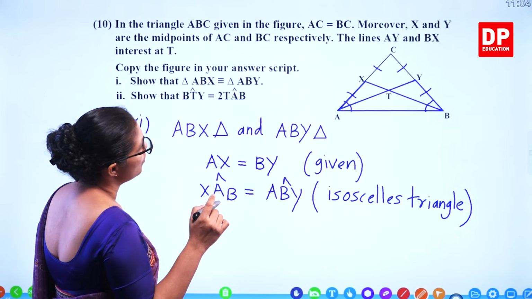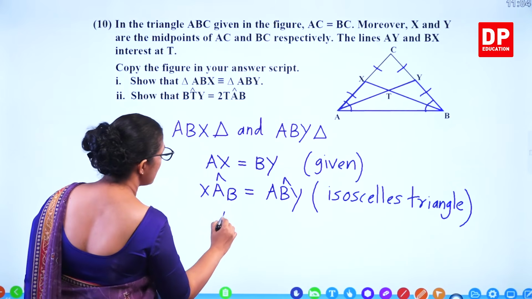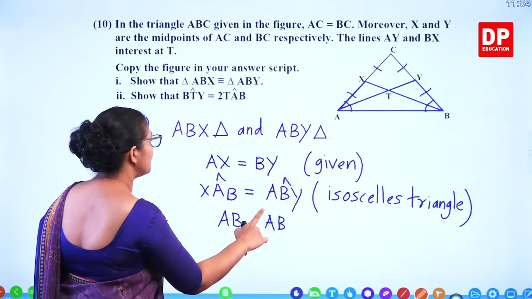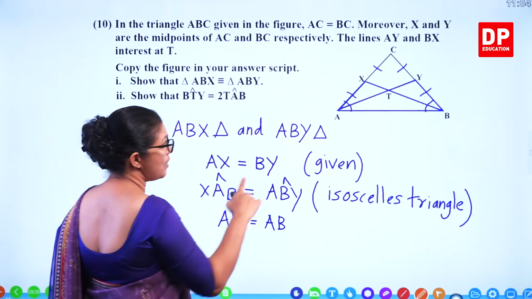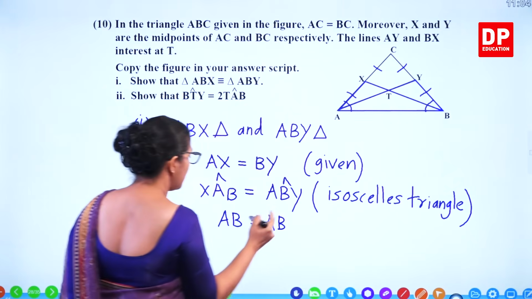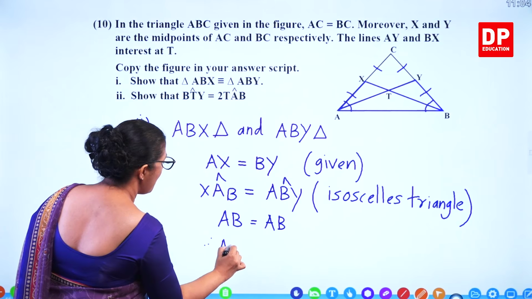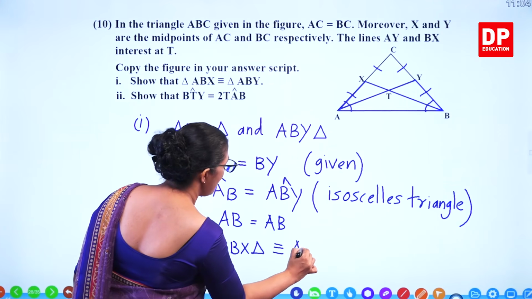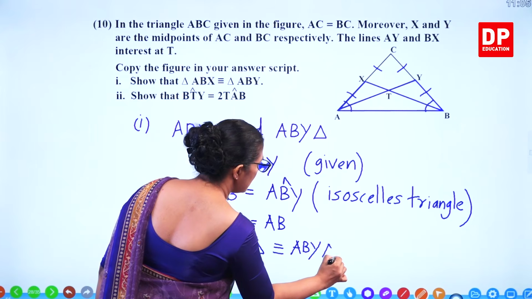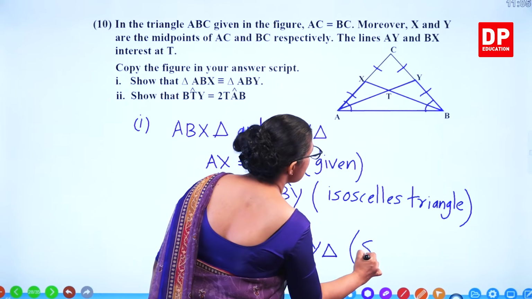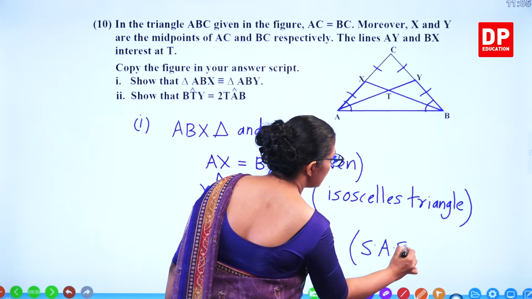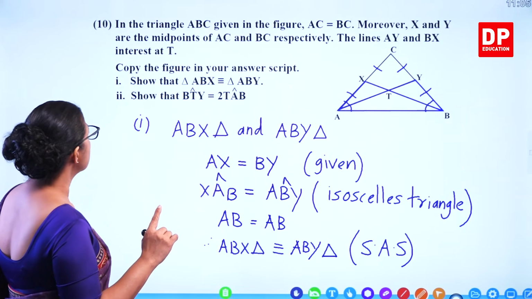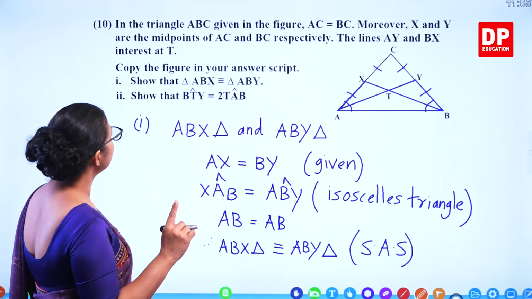And what else we know? AB is the common length. 2 lengths and included angle. This an included angle. So therefore, ABX triangle is congruent to ABY triangle, side, angle, side. Two sides and included angle. So that's the first step.